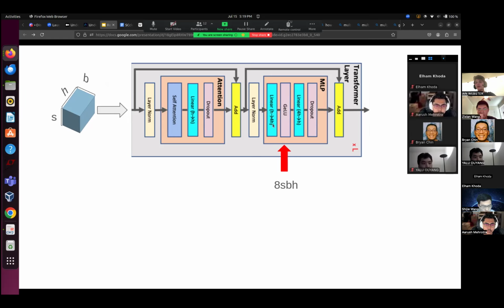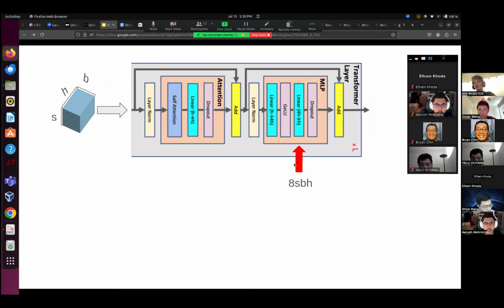But since the output of the previous operation is 4 times the size of your input matrix, you end up with 4 SBH activations going into the activation function, GELU. So 4 times SBH, and then you need to multiply it by 2 because of the bytes, and you end up with 8 SBH bytes of memory needed to store the activations for this layer.